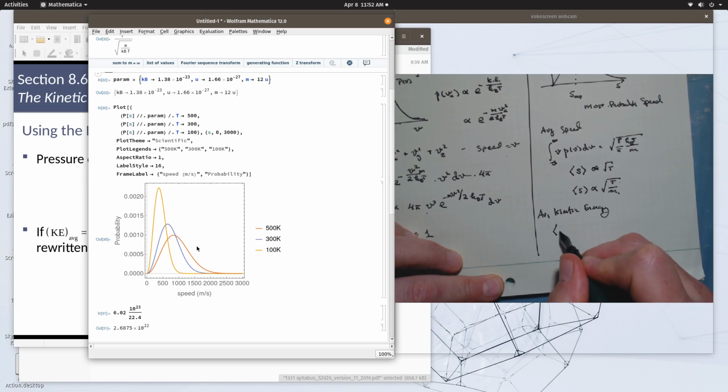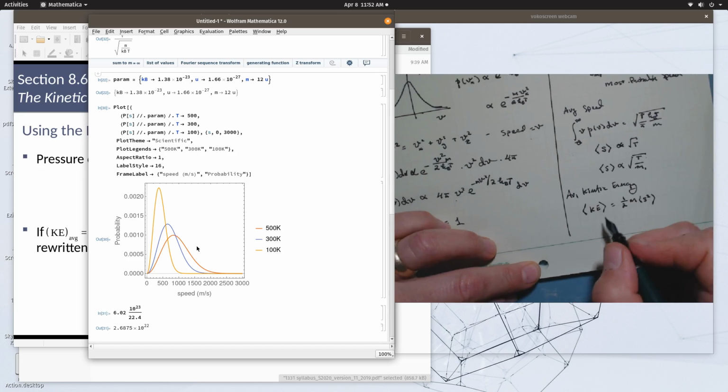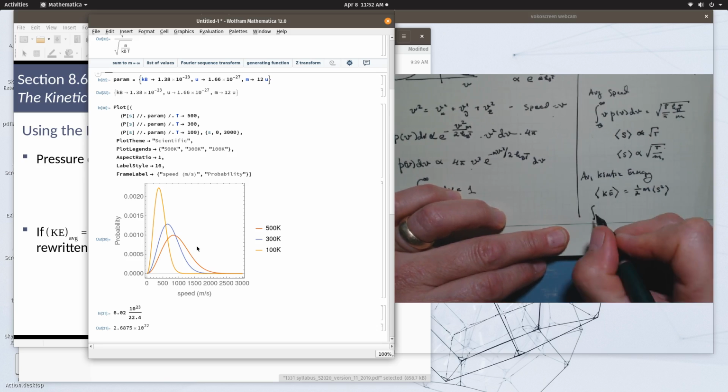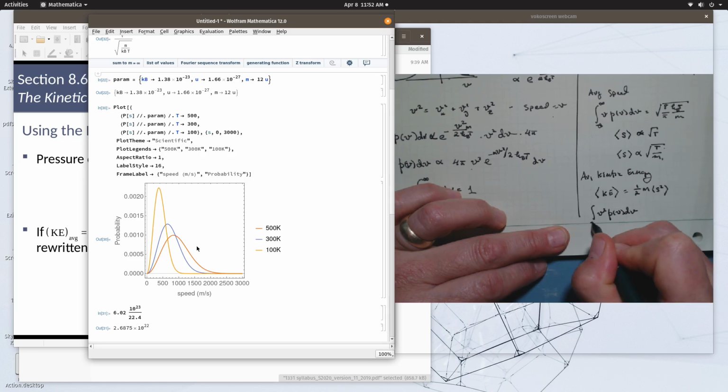Now, the kinetic energy, the average kinetic energy, so average KE is equal to 1/2 mass times the average speed squared. And now this average speed squared term, we have to be careful when we do that calculation. It is equal to the integral of v squared p from 0 to infinity.